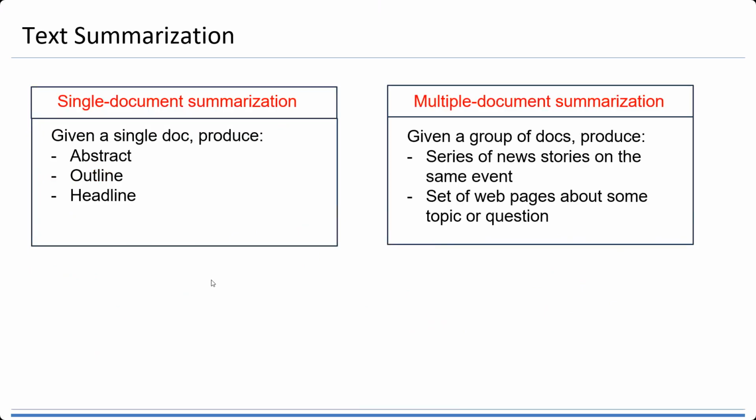In single document summarization, we have a single document, and given a single document, let's produce the abstract and an outline. So we have several points, and we can also produce a headline.